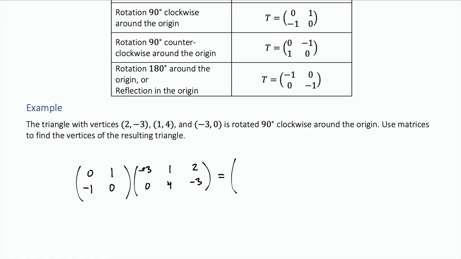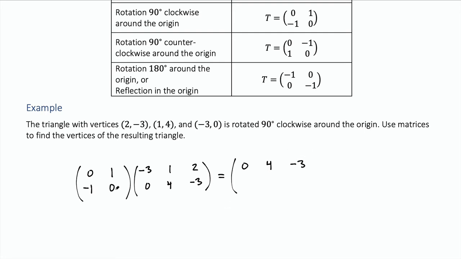So we do first row times the first column, and you'll see that that gives us a 0 plus 0, which is 0. And first row times second column is 0 plus 4, which is 4. And then first row times third column is 0 plus negative 3, which is negative 3.